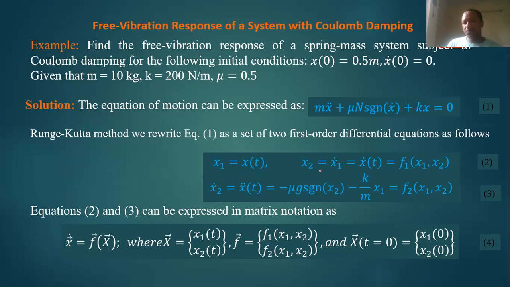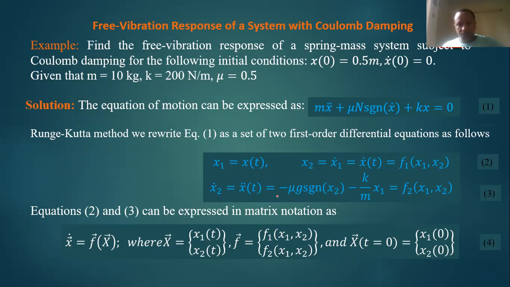If x2 is equal to x1 dot, that implies x of t dot. Let's consider this as a function f1 of x1, x2. And x2 dot is equal to x1 dot dot, which implies x double dot of t.